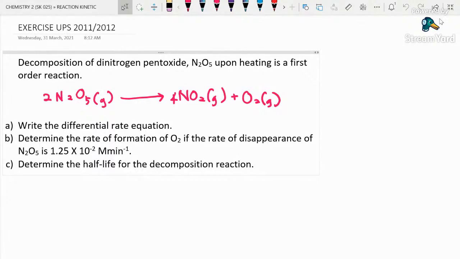For those yang tak ada, salin soalan ni and then you can try. Okay, kalau dapat boleh sambung dengan soalan ni.